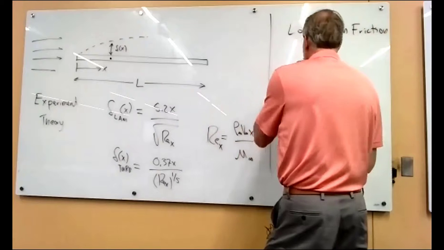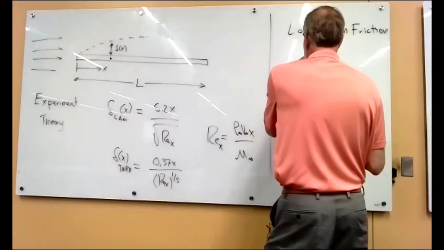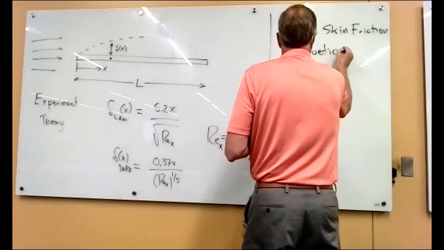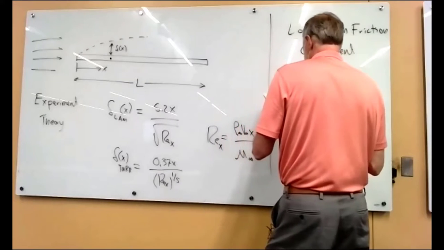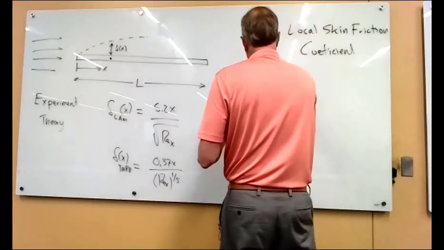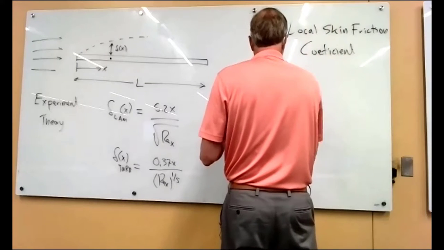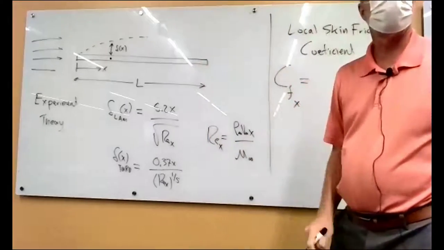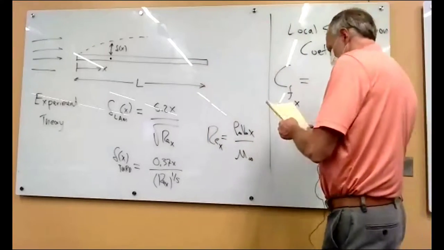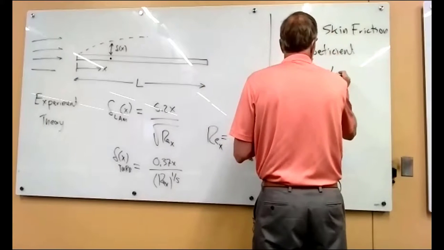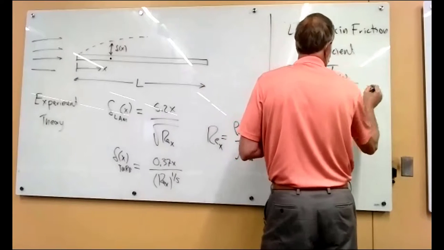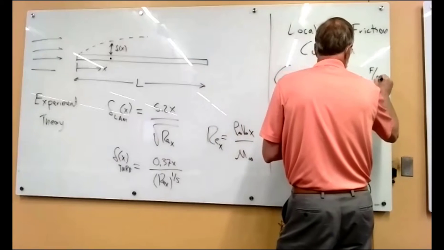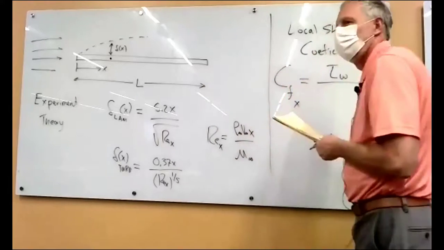The formulas are given for what's called a local skin friction coefficient. It's called C for coefficient, F for friction, and it's the friction at a certain location x. So we're just measuring the friction at that point, and it's defined to be that shear stress at the wall. So this is force per unit area, so it's like a pressure.